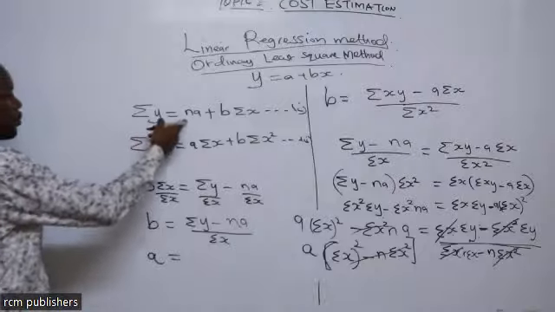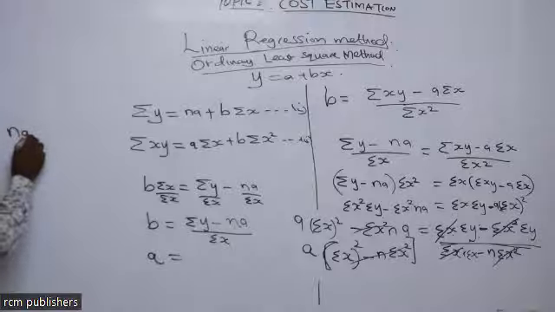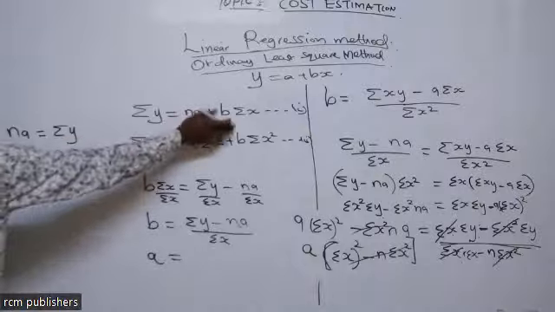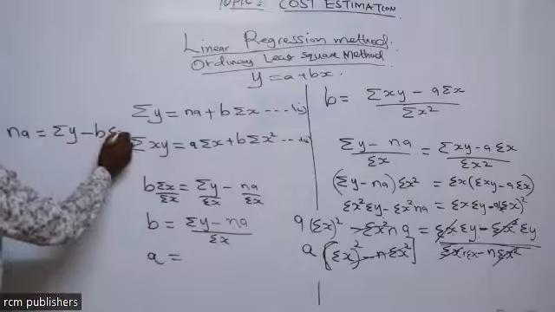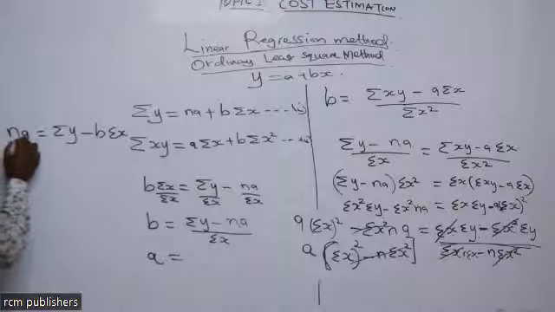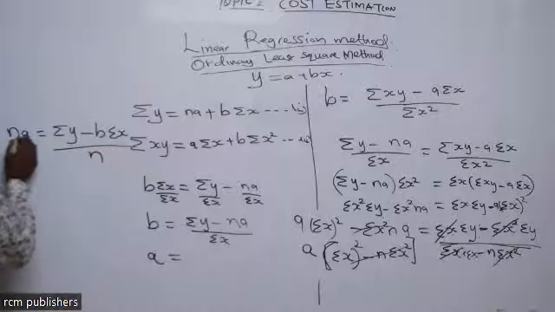So we simply come to this part here. Our A or NA is equal to summation of y. This one crosses the sign to be minus B summation of x. For us to get A alone, we divide both sides by n.